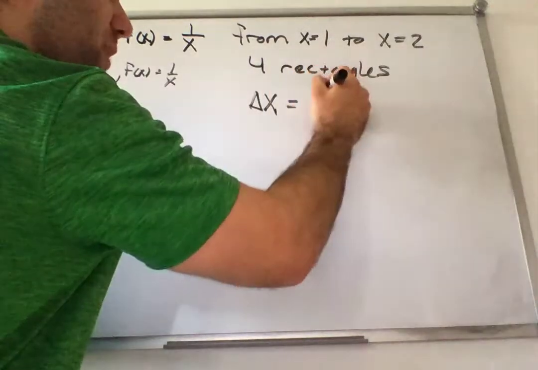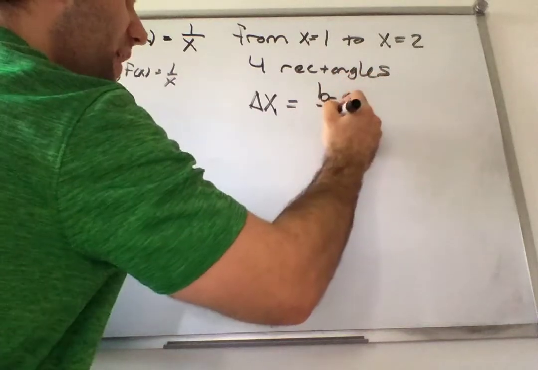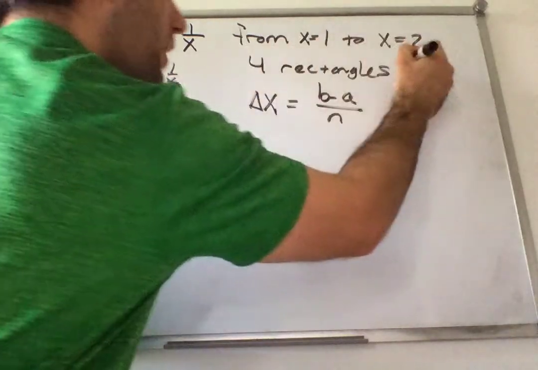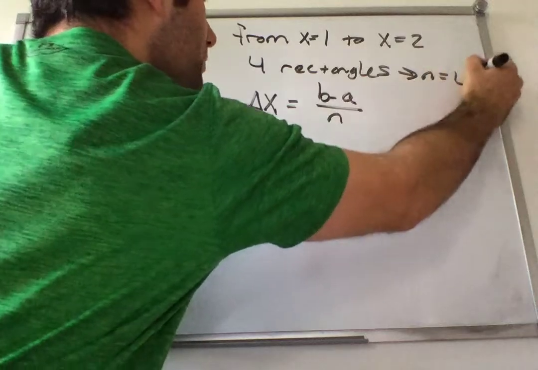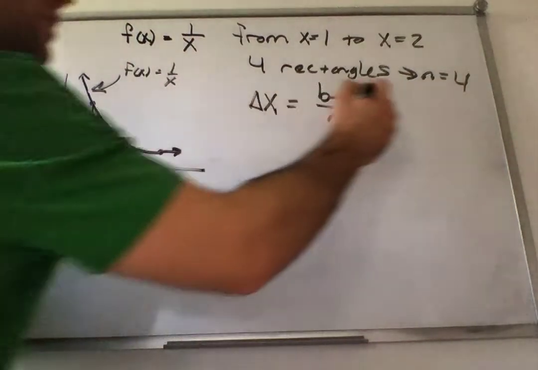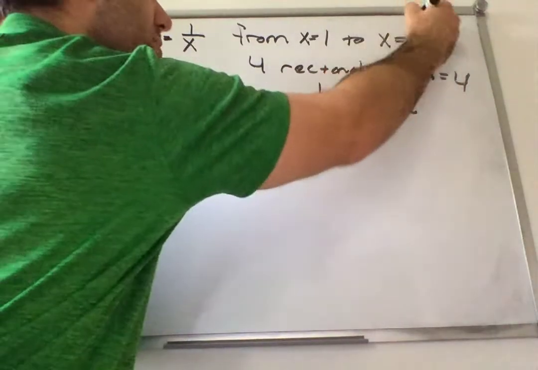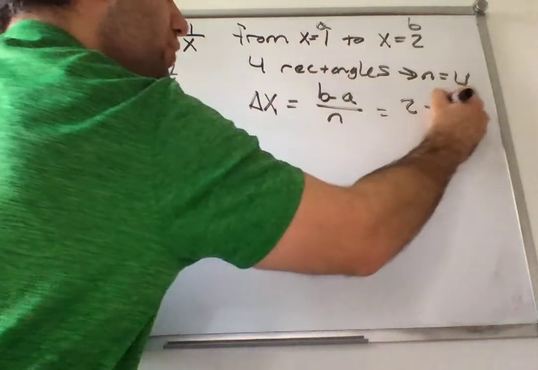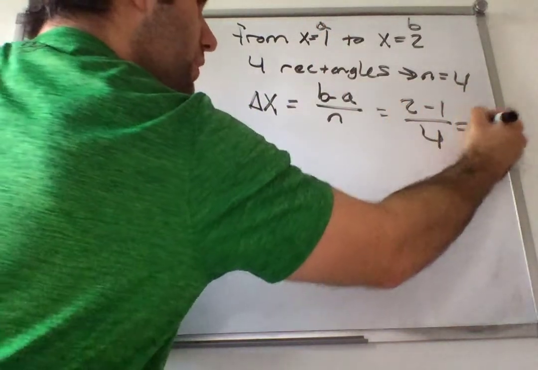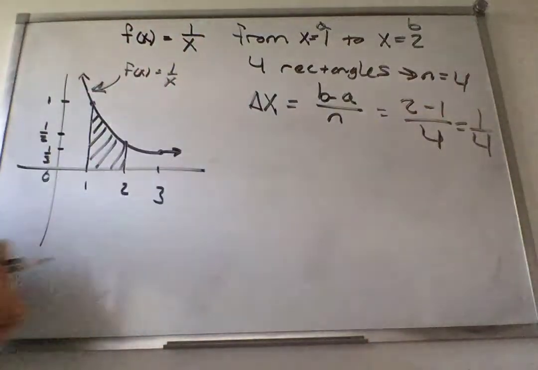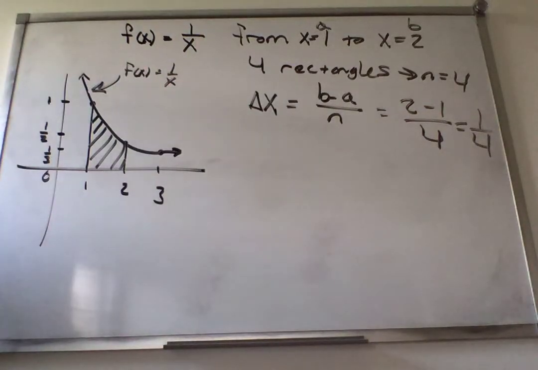Delta x, if you remember, is b minus a divided by n. 4 rectangles makes n equal to 4. Here's our b, here's our a. 2 minus 1 divided by 4 is 1/4. So that's our delta x.